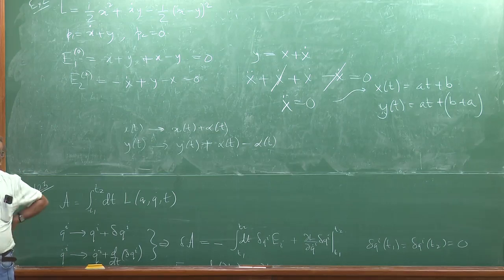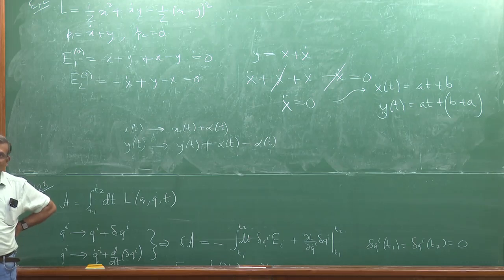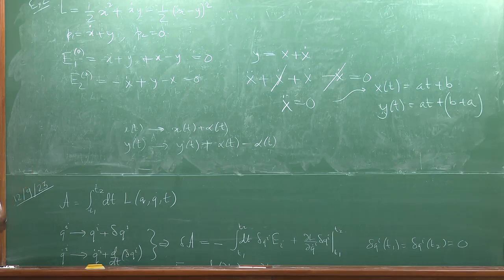In electromagnetism, when you say two different potentials are connected by a gauge transformation, they are not identical potentials, and even quantum mechanically they might have different consequences. But classically they give you the same electric and magnetic field. In that sense they are identical as far as the consequences, not identical as far as their mathematical form is concerned.